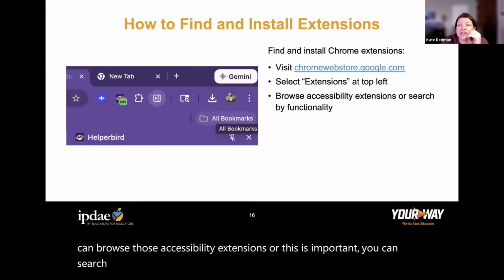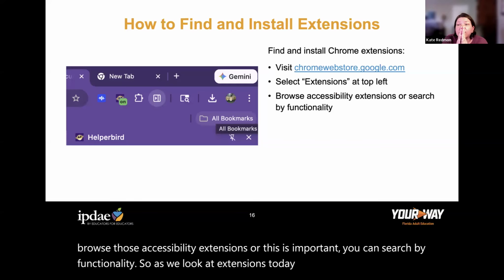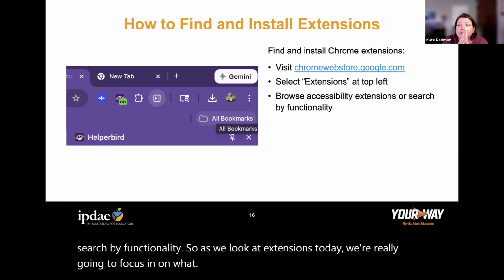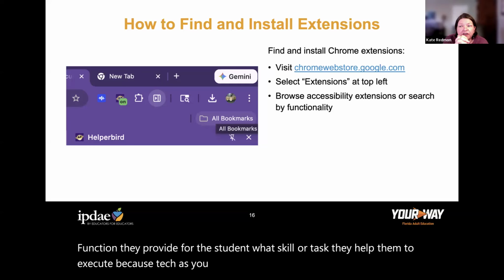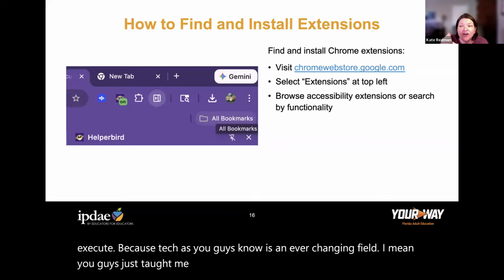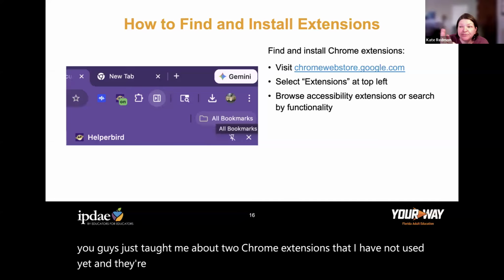So as we look at extensions today, we're really going to focus in on what function they provide for the student, what skill or task they help them to execute, because tech, as you guys know, is an ever-changing field. I mean, you guys just taught me about two Chrome extensions that I have not used yet, and they're constantly evolving. New ones appear.